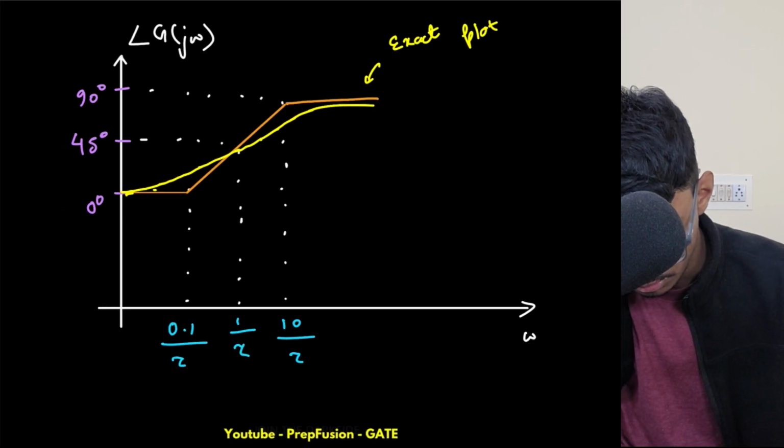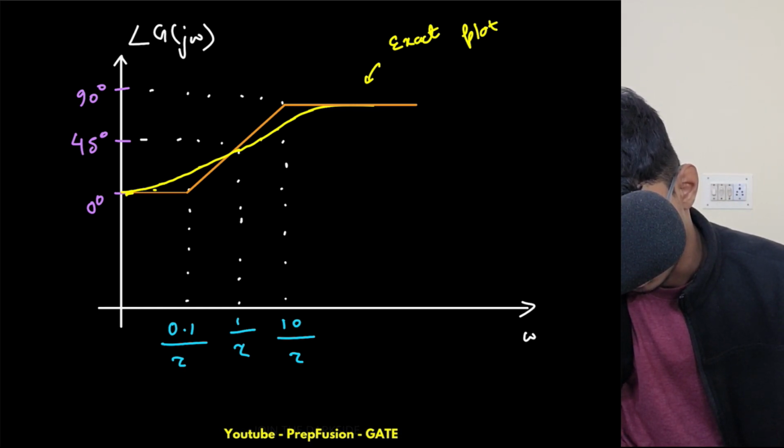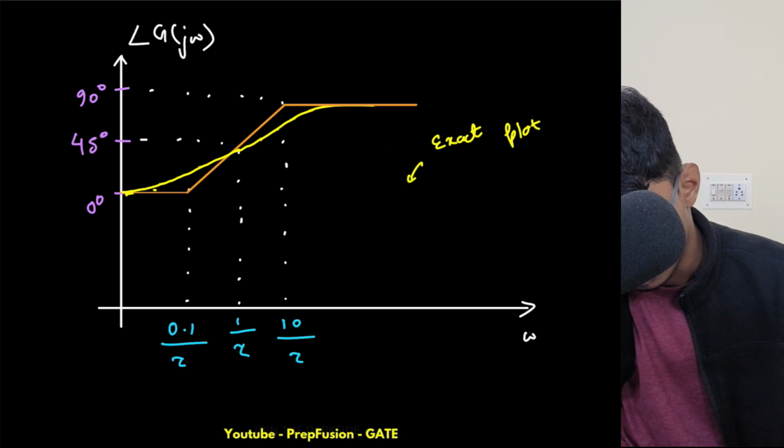This also again, the slope becomes 0 for this, right? They both of them intersect. So okay, this is the exact plot in the bottom.